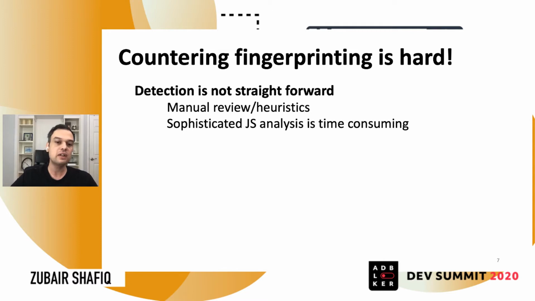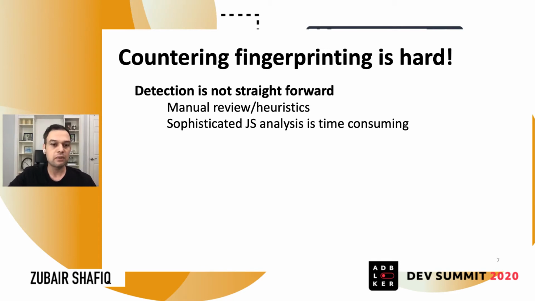And currently, unfortunately, this process is done manually, or manual heuristics are curated. The problem with doing this manually is that it simply does not scale to the large number of fingerprinters which are probably out there. And if you do this manual work, you need to continuously redo it, just like the filter list related challenges that we have talked about today.